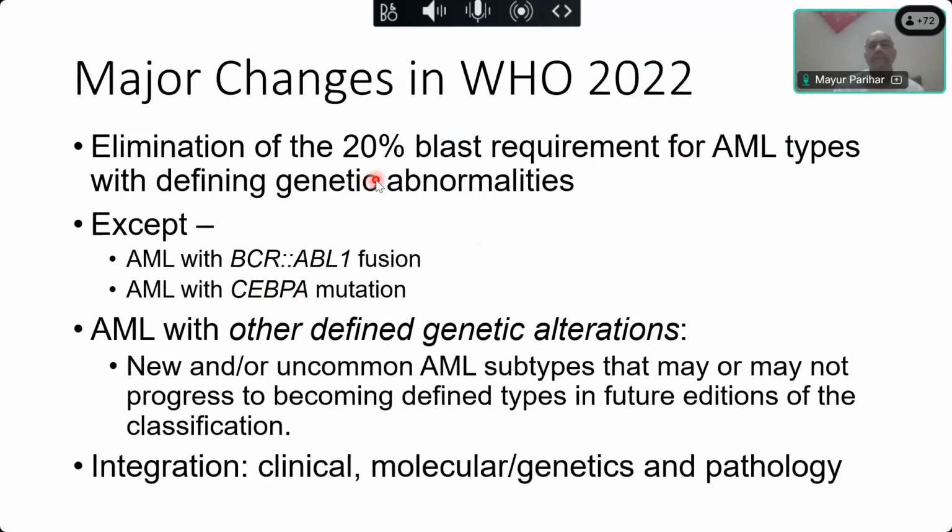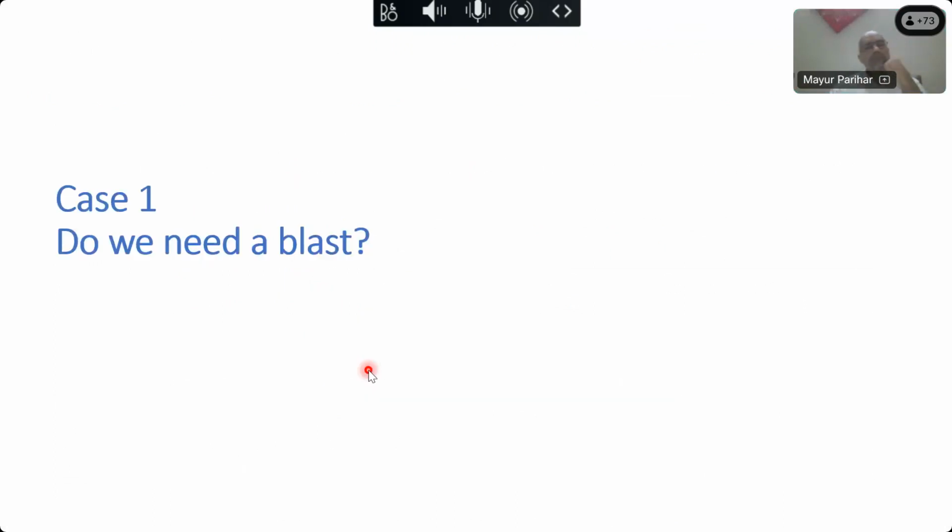So the 20% blast requirement has been eliminated, except in AML with BCR-ABL fusion, because this could be CML, and AML with a CEBPA mutation, right? So you have to integrate clinical, molecular, and genetics in order to reach your complete diagnosis and characterize the hematological neoplasm. So this brings us to a question: do we need a blast?